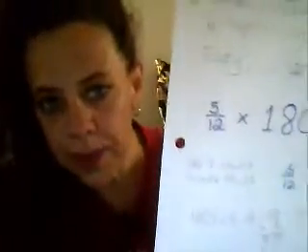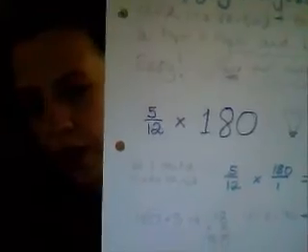So top times top, bottom times bottom. What if I had something like 5/12 times 180? Bing, the light bulb goes on. We know that any number multiplied by 1 is always itself, right?